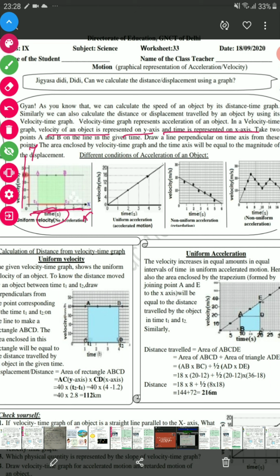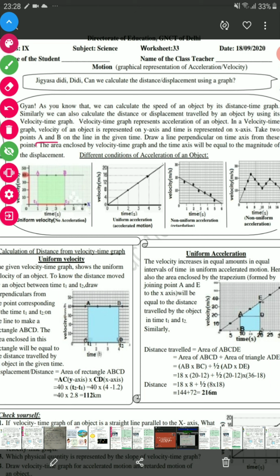And two points A and B, this is A, B, C and D. So by plotting these parallel lines AB to the x-axis and this line to the y-axis, we get this rectangular shape, and by calculating the area of this rectangle we will come to know the exact distance or displacement, right?